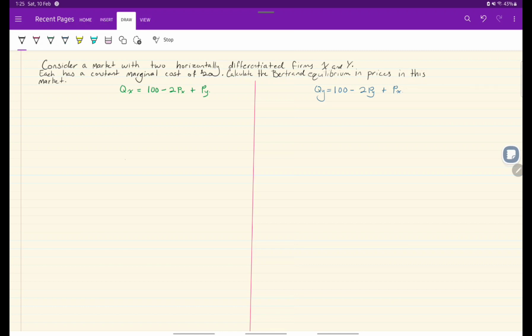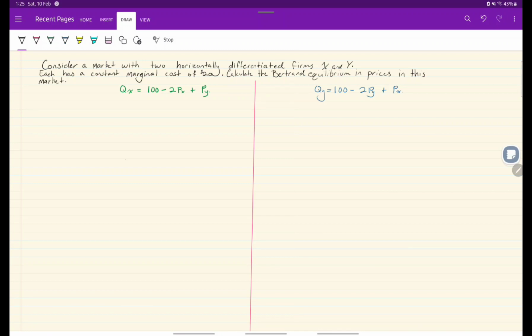So there's differentiation in the products. So they're not perfect substitutes. And we have demand functions of Qx and Qy pertaining to firm X and firm Y.